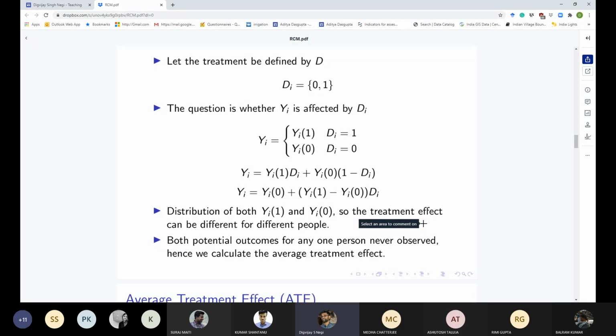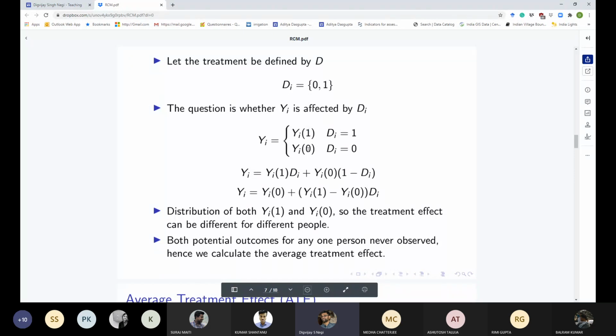But for each individual that we have, you can define two potential outcomes. So Yi(1) and Yi(0), these two denote the potential outcomes. For each individual, irrespective of whether they are treated or controlled, you can define their potential outcome under treatment and potential outcome under control.